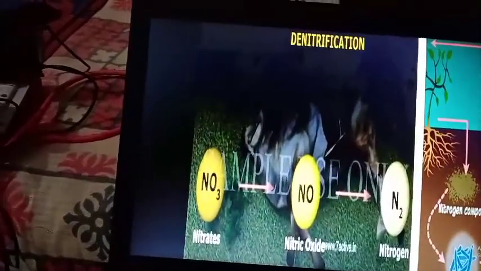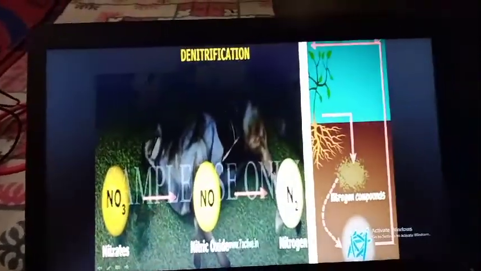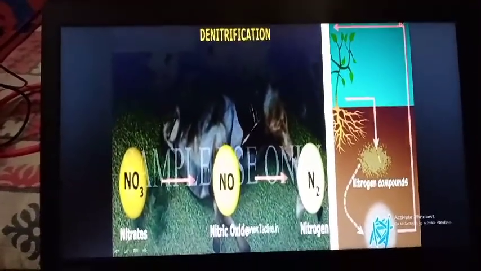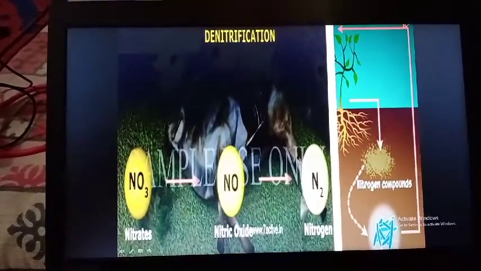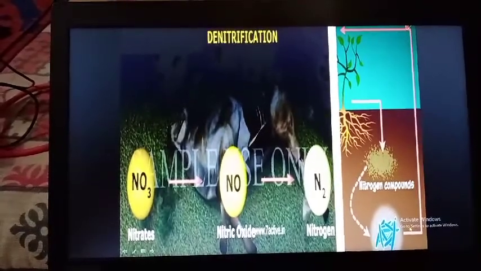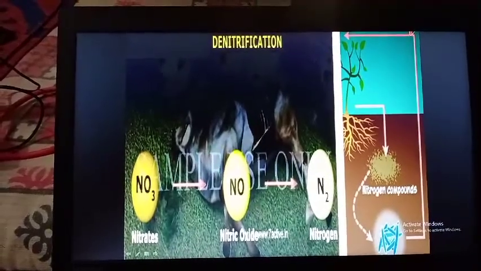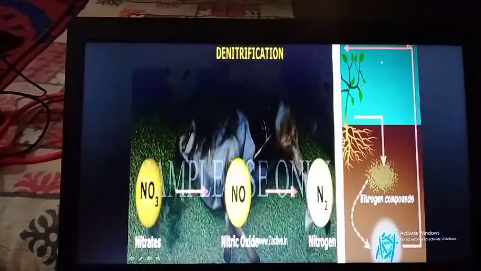So during denitrification, nitrates are converted into nitrogen. You can see in this picture also that the plants and animals are dead and decomposed by decomposing bacteria, and through the decomposition of nitrogenous waste, the nitrogen is released back into the atmosphere.